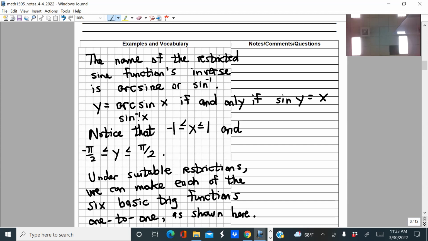That's true if and only if the sine of y is x. Remember, how do inverses work? You flip x and y. So if sine of y is equal to x, that means arc sine of x is equal to y, or sine inverse of x is equal to y. And for the arc sine, you can only use inputs between -1 and 1, and you get angles as outputs between -π/2 and π/2.